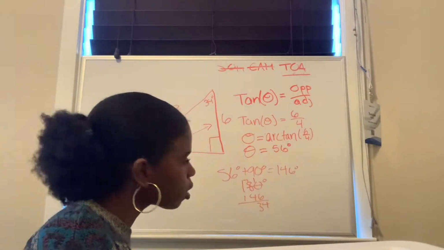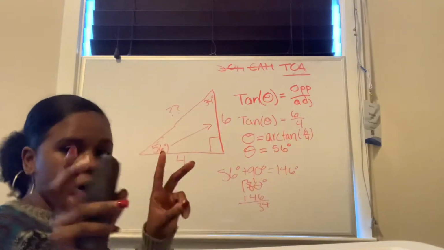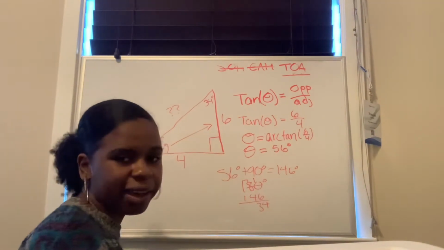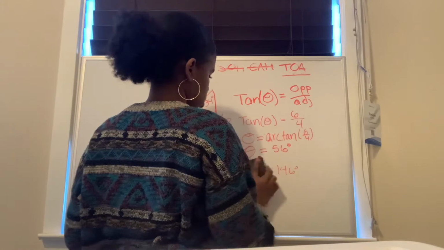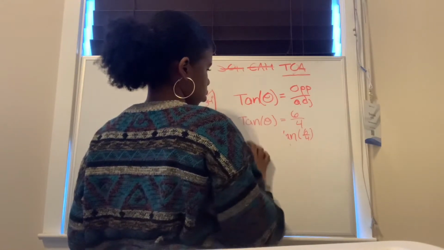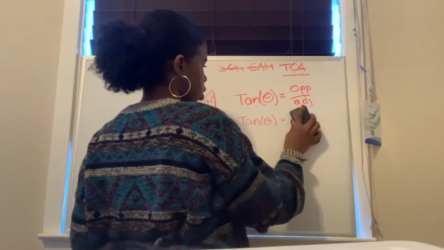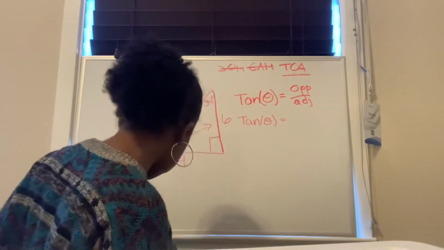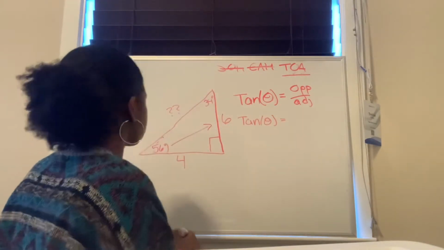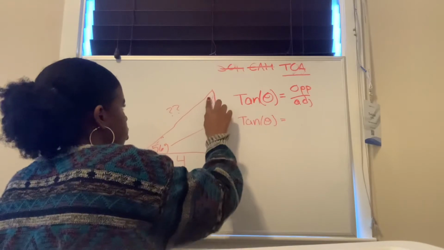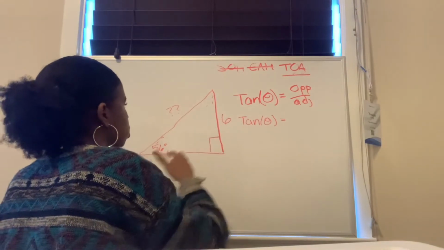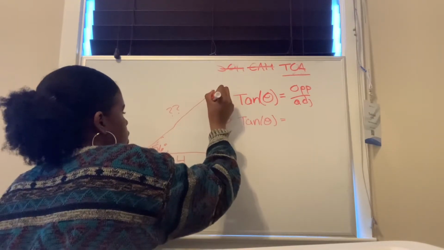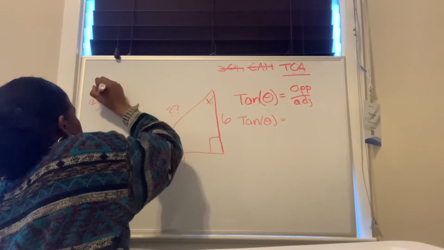To double check, we're going to pretend that we don't know it's 34 degrees, and we're going to act like we're finding X. I'll make this into an X just so we can not have any confusion. But it should be 34 degrees.